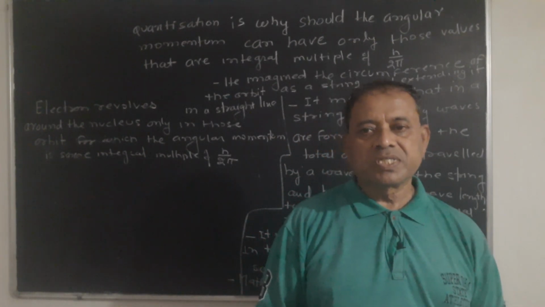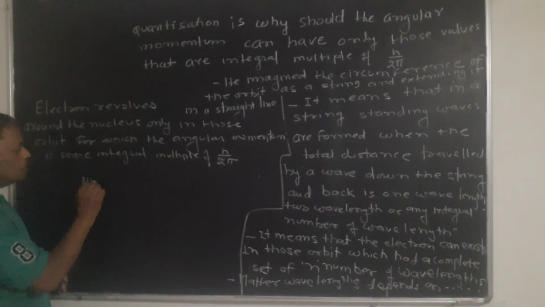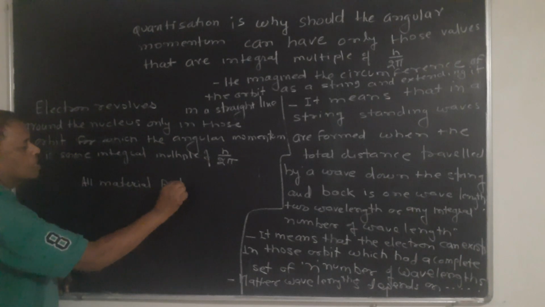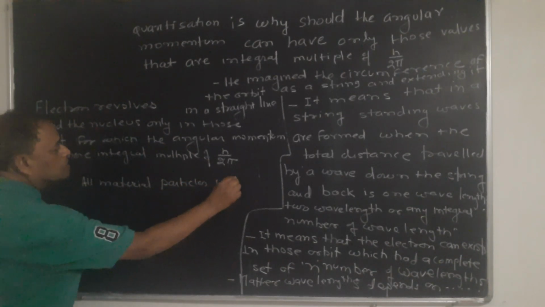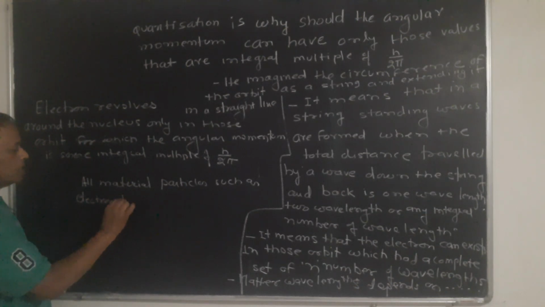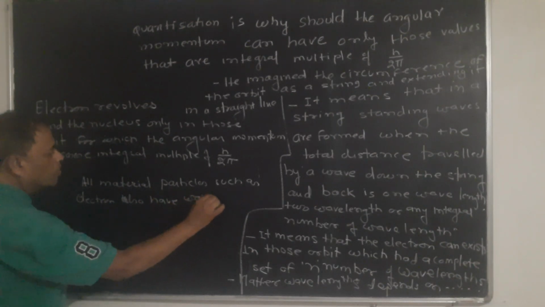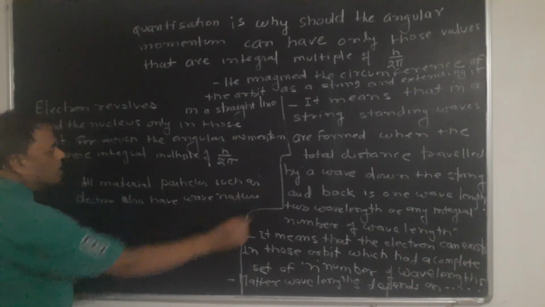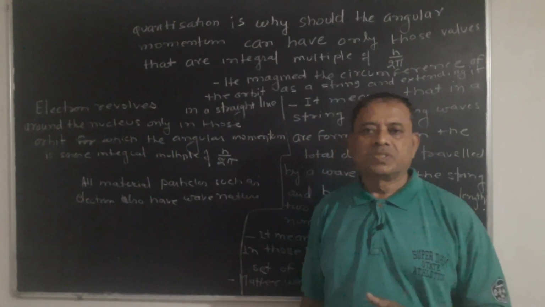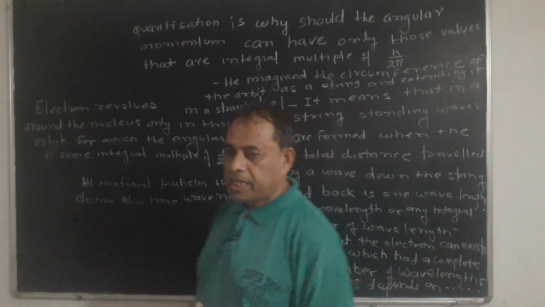According to de Broglie's hypothesis, all material particles such as electrons also have wave nature.